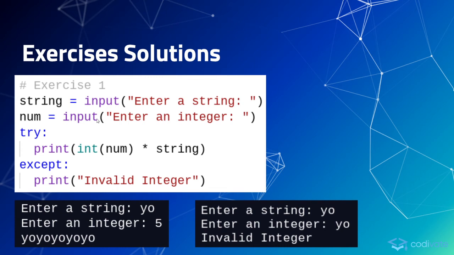So since we're multiplying here and we want to repeatedly print this string that they entered, we have to use the integer version of this num. So we try to do that, but we know that this may result in an error. What if they entered a num that's actually not an integer? In that case, we go to our except block and print invalid integer. So that would take care of that.